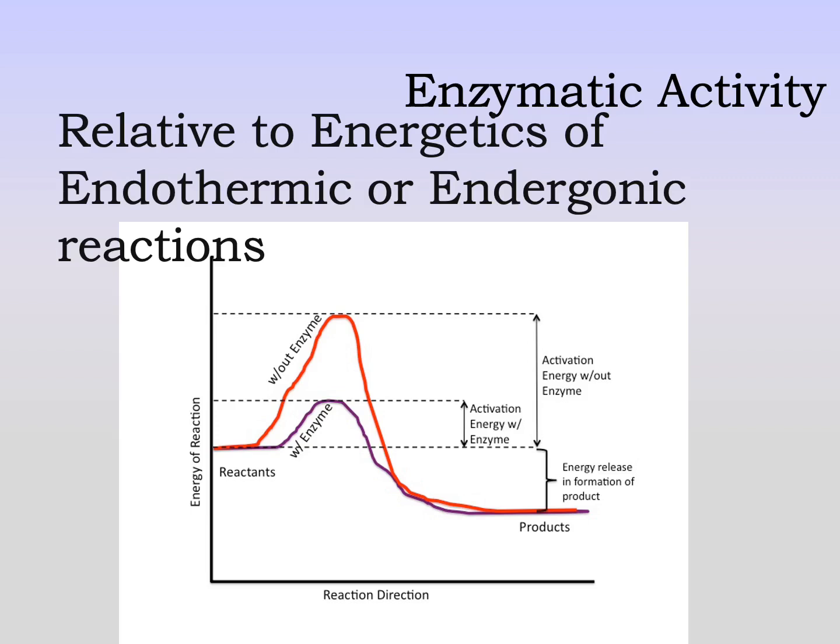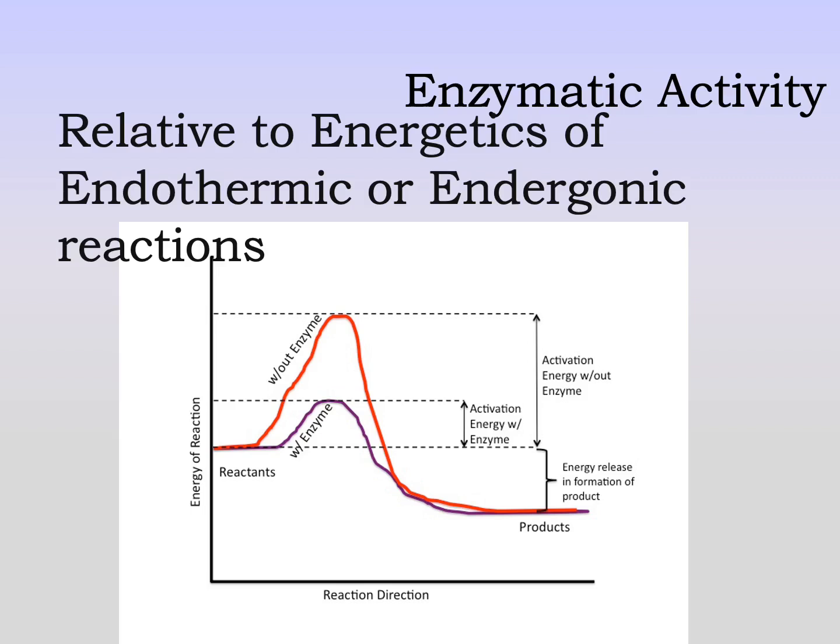That is, do I have free energy being released, or do I have energy needing to be absorbed? If energy is being released, it's exothermic or exergonic. If I have energy that's being absorbed or taken in, it's endothermic or endergonic.